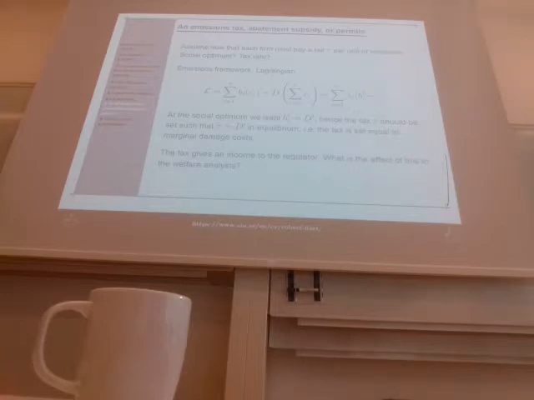So in this kind of partial equilibrium setup, what can we say? Is this going to be socially optimal if we set sigma equal to d prime?